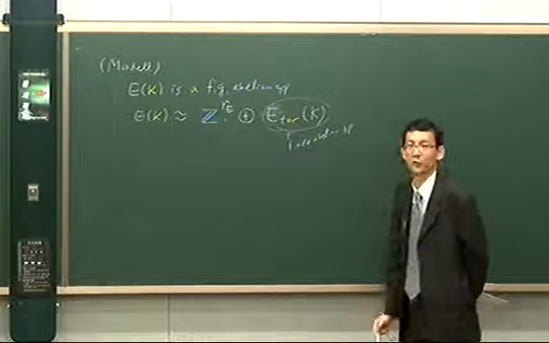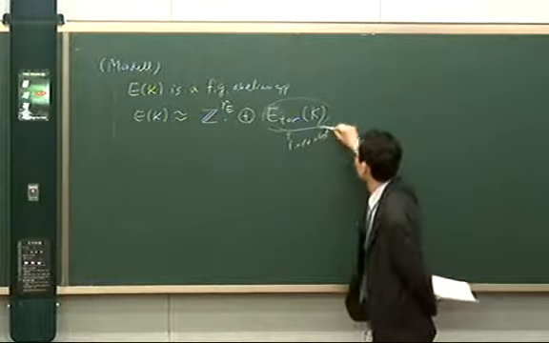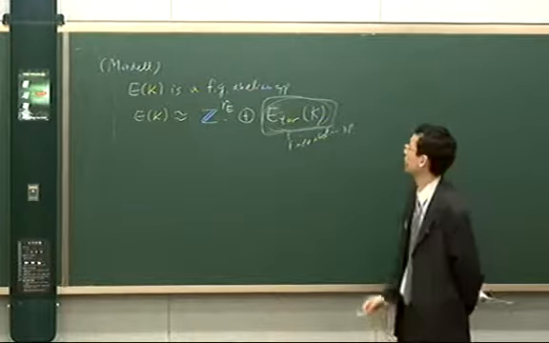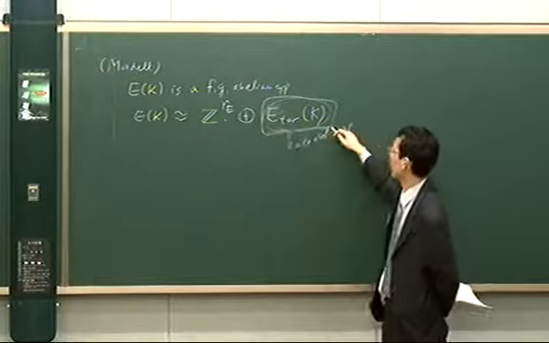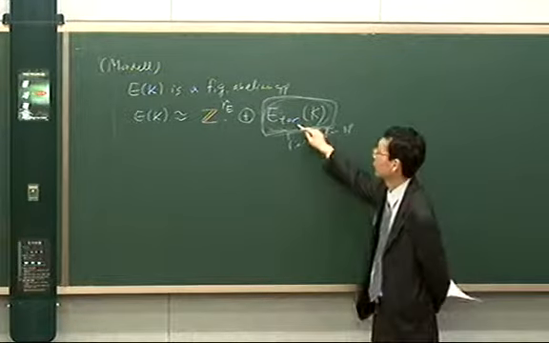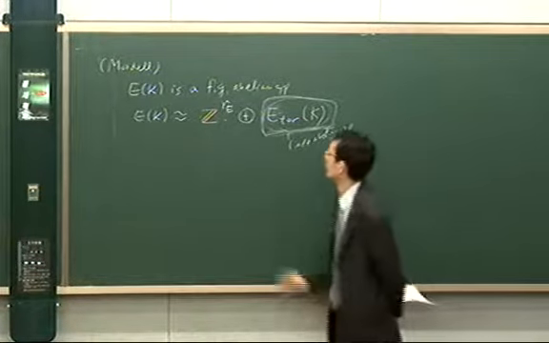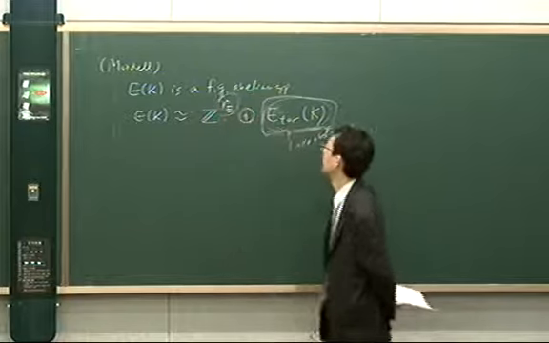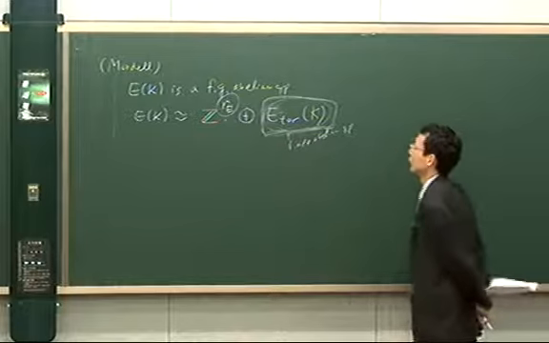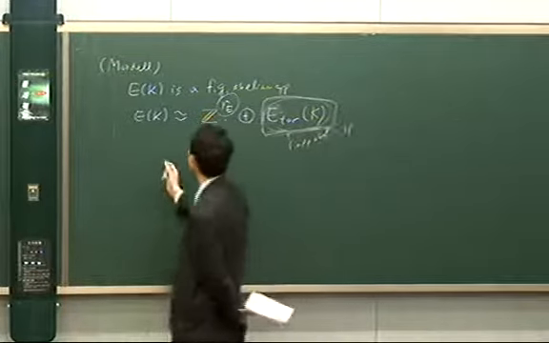By the Nagell-Lutz theorem, there is an algorithm which is easily computed. Using the Nagell-Lutz theorem, we can easily compute E_torsion(K) for a specific elliptic curve. But the rank part is unknown. It is very difficult to compute.